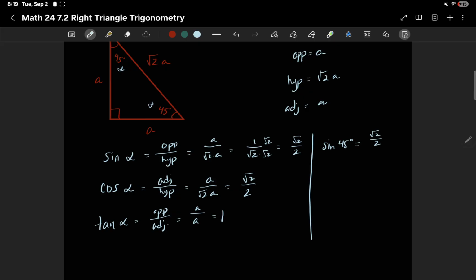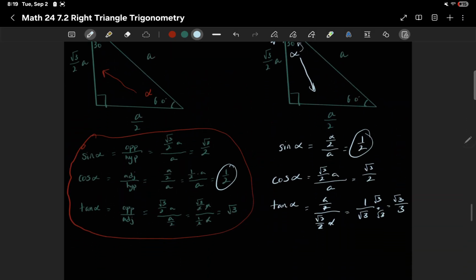Cosine, we chose alpha as the bottom, not that it matters, but we also figured out that cosine of 45 degrees is also root 2 over 2. And the tangent of 45 degrees is equal to 1.